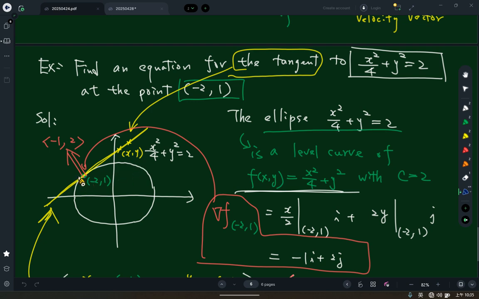Then you can get the slope of this line, and furthermore you can get its equation, because you know the slope and you also know this point, so you can use the point-slope equation to construct this tangent line, right?